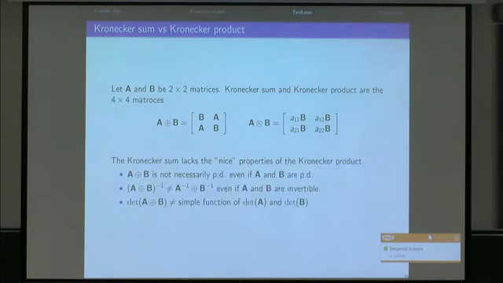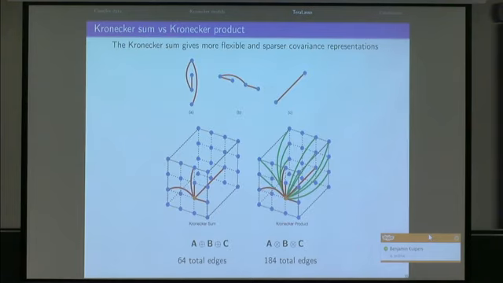So in particular, we lose the nice inverse property, and here's that not equal sign that crept back a few slides ago, that shows that we don't have these nice properties of the Kronecker product. The determinant of the Kronecker sum is not a simple function of the determinant of each one of the factors in the sum.